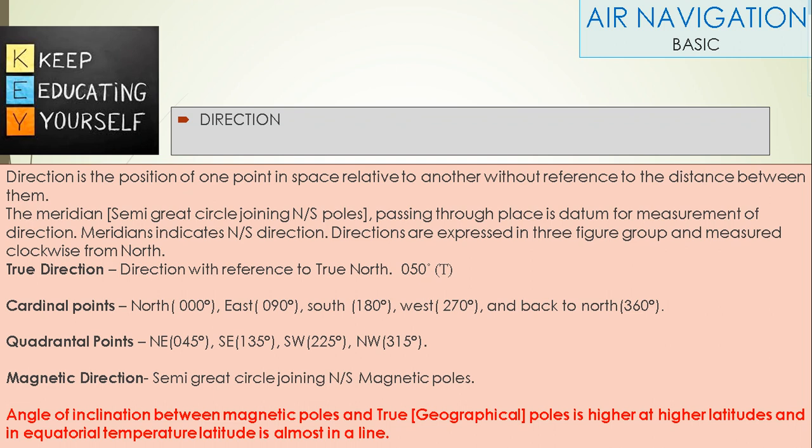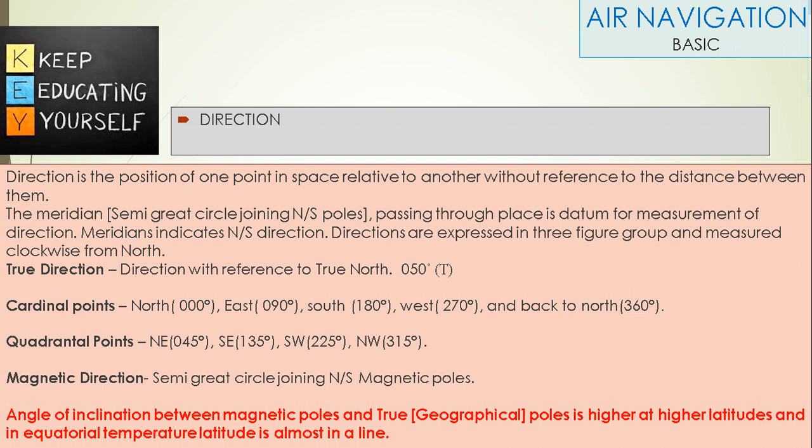East is written as 090 degrees, south 180 degrees, west 270 degrees. Plot these on one paper and find out the cardinal points. Thereafter, you draw the quadrantal points: northeast as 045 degrees, southeast 135 degrees, southwest 225 degrees, northwest 315 degrees.